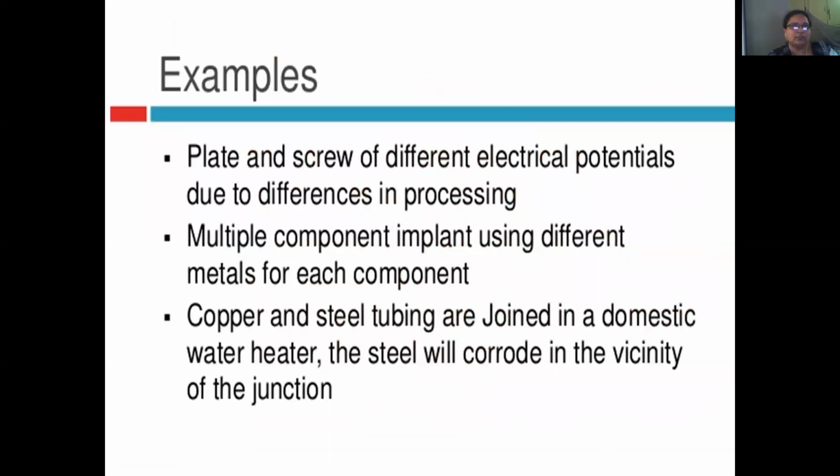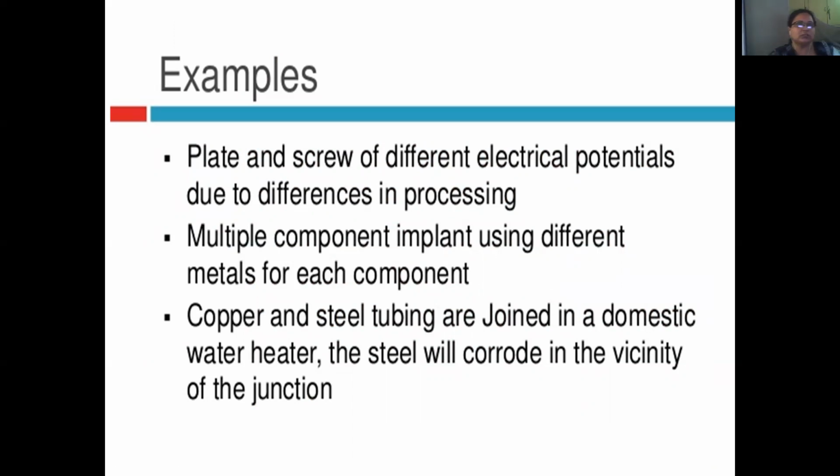Now, examples of galvanic corrosion are plate and screw of different electric potentials due to differences in processing. Then multiple component implants using different metals for each component. Then copper and steel tubing are joined in a domestic water heater, so the steel will corrode in the vicinity of the junction.